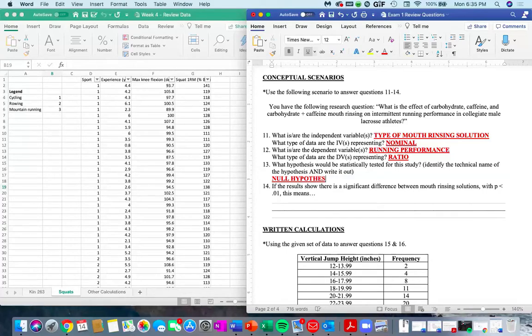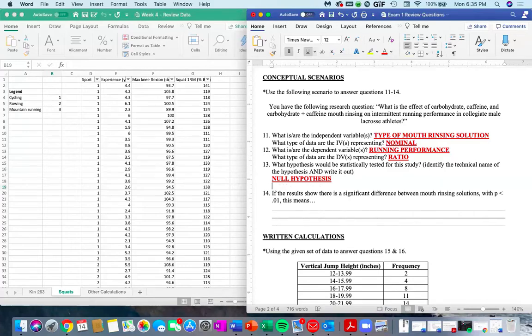Because everything is innocent until proven guilty. Okay. And then what would the null hypothesis be for this specific example? The type of mouth rinsing solution has no effect on running performance. Yep. And we can be as simple as that, right? We can just say type of mouth rinsing solution has no effect on running performance.